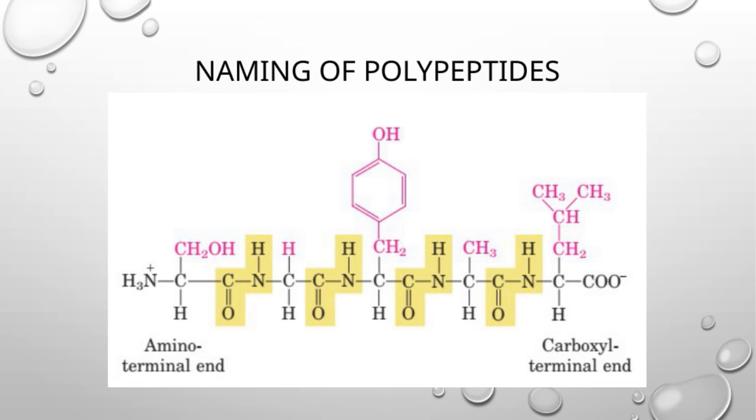This order reflects the synthesis direction and is crucial for understanding the structure and function of the protein. Remember, the naming not only helps us communicate clearly, but also provides insight into the protein's properties and role in biological systems. So, in essence, accurate naming connects to the bigger picture of understanding protein structure and function, which we've been exploring throughout this presentation.